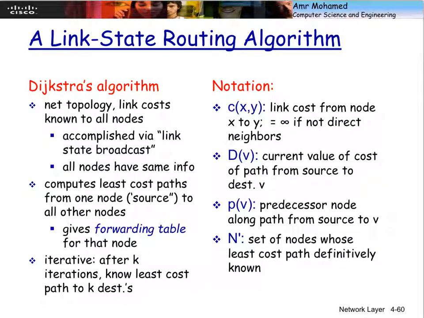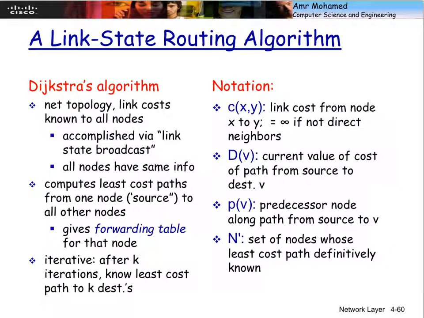So to get to this, first we need to run the Dijkstra algorithm, and Dijkstra algorithm will give us the shortest path tree, assuming that the source node is the root of this tree, and then the branches of this tree are all the other nodes of the network, and this tree will give you the shortest path to all these nodes.